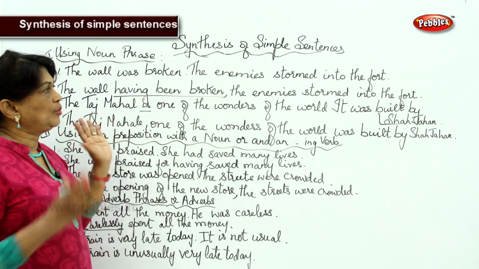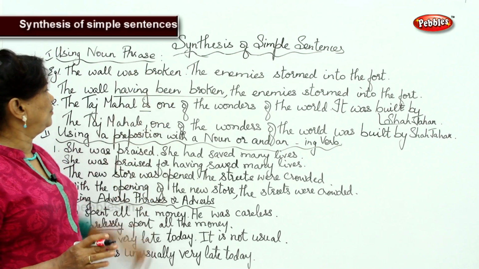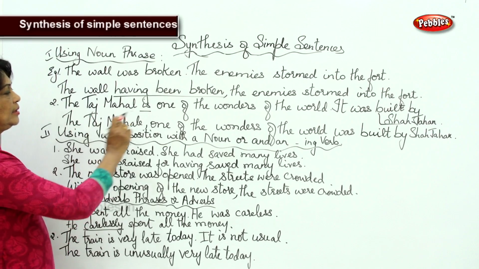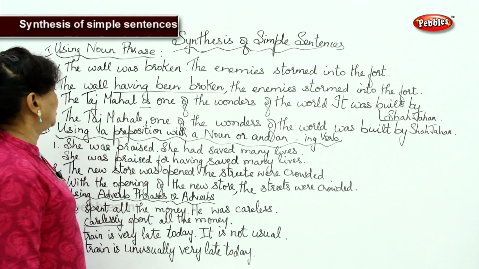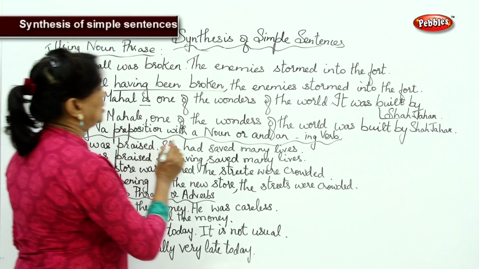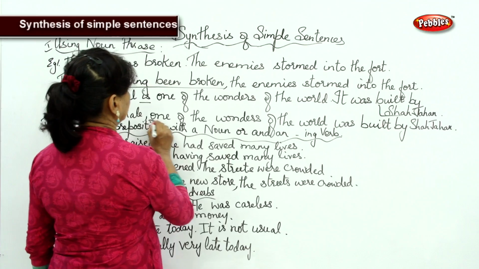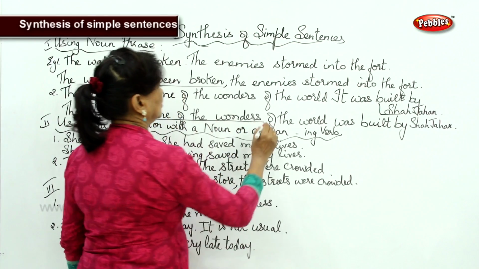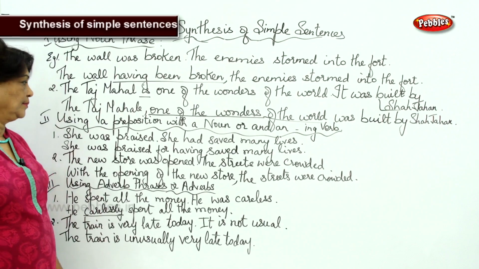See, we have combined both the sentences without changing its meaning by using a noun phrase. Taj Mahal is one of the wonders of the world. It was built by Shah Jahan. Taj Mahal, one of the wonders of the world, was built by Shah Jahan.